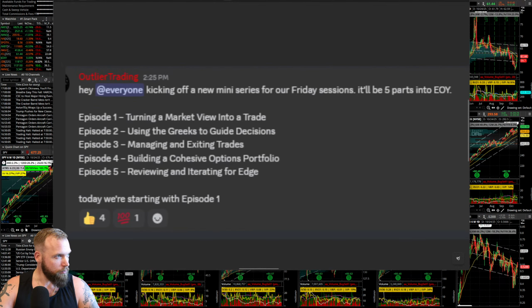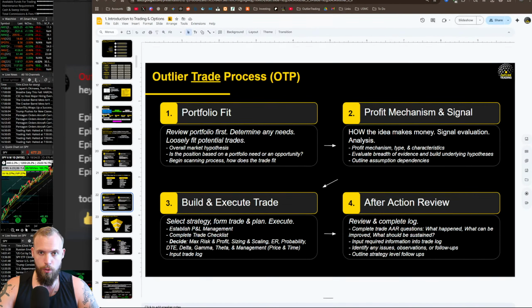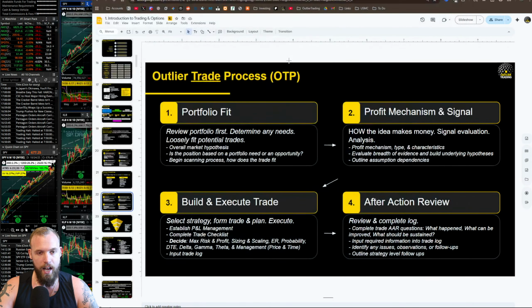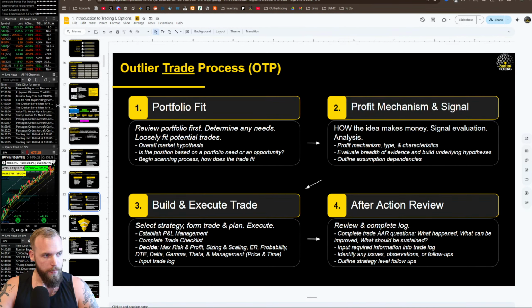Now, here is one of our standardized strategy processes that I've alluded to before. However, what we are going to be reviewing today is designed for somebody that has developed some sort of idea and now wants to take that idea and turn it into a trade.